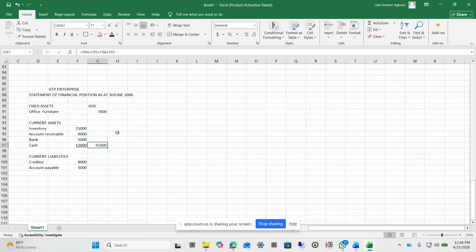So we are saying that there are several methods of presenting it. If you want the total assets, then you can add the fixed asset to the current asset. It will give you total assets. Do you understand? Let me go that way and explain to you.